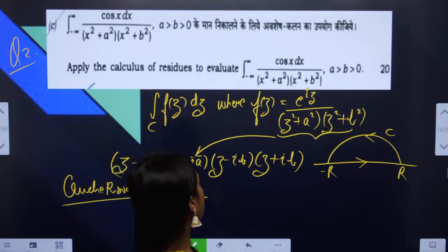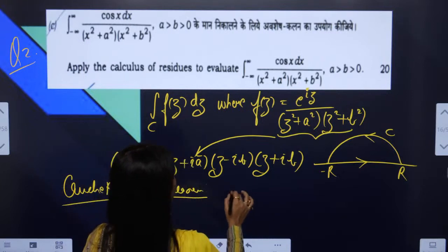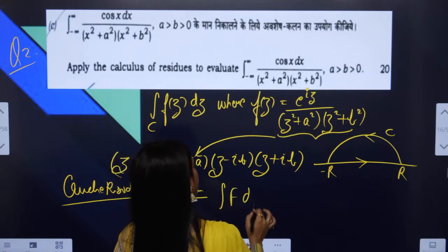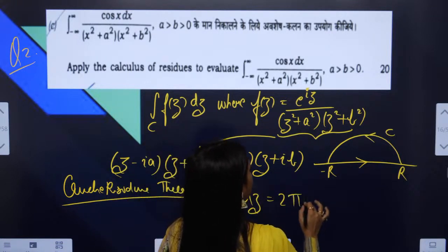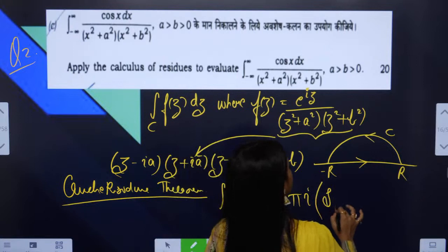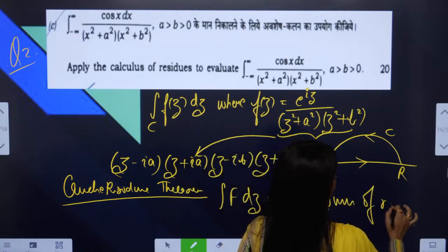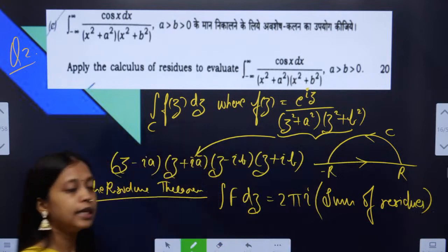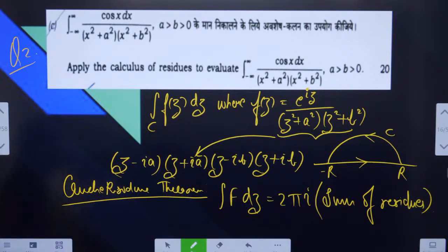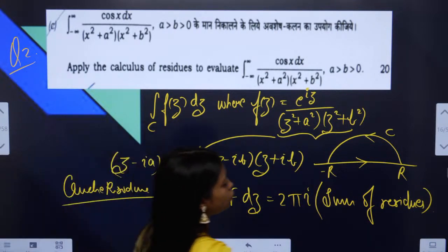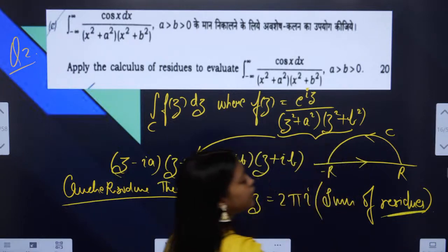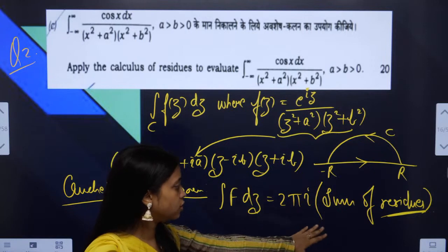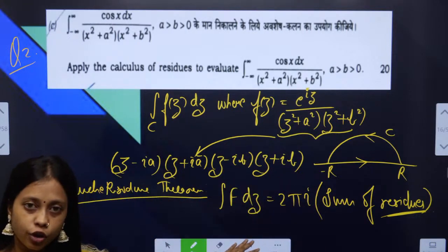The integration is 2 pi iota multiplied by the sum of residues. So all you need to find is the residue, add them up, and just substitute over here and you will get the answer for your integration.